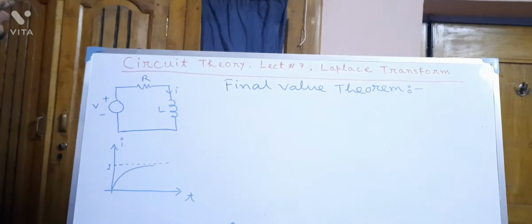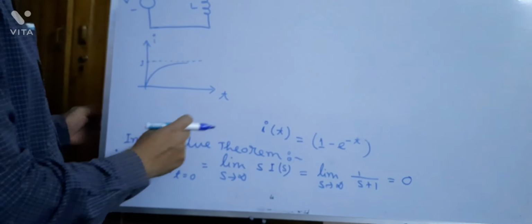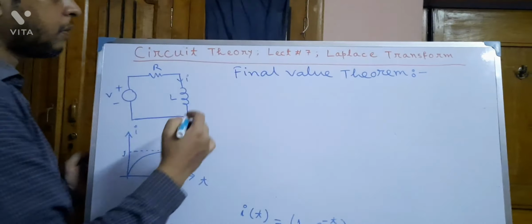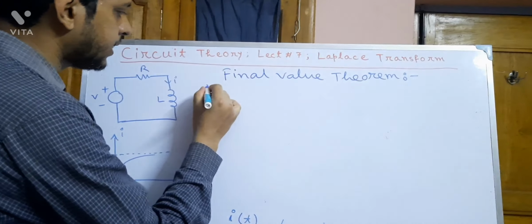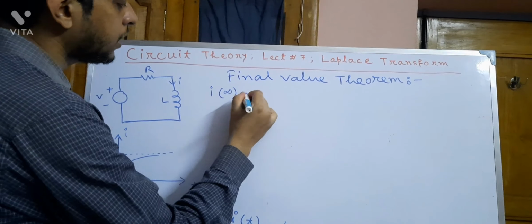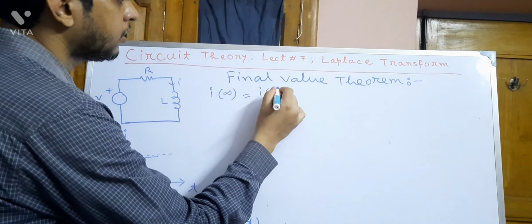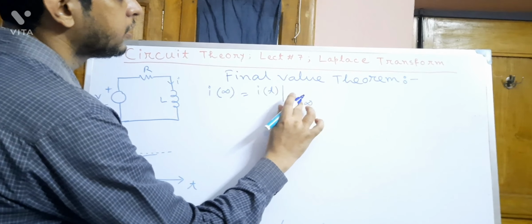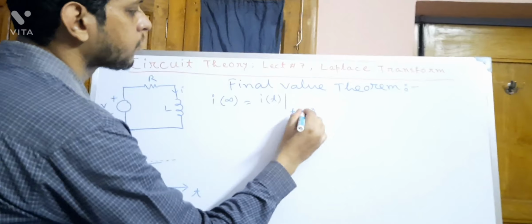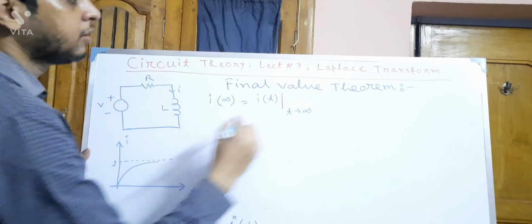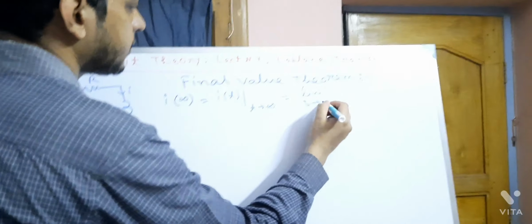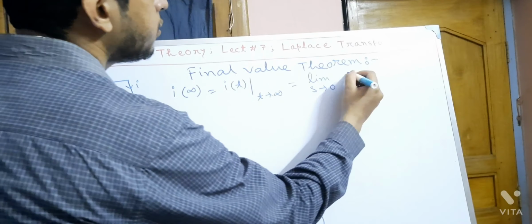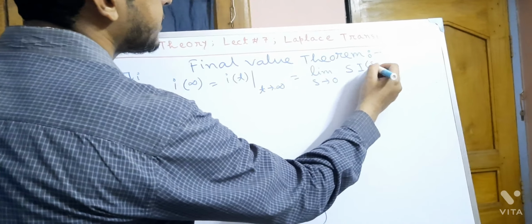Now next very important theorem is final value theorem. Final value theorem says that the final value of I(t), final value means when t tends to infinity, or I(infinity), equal to limit s tends to 0, s into I(s).